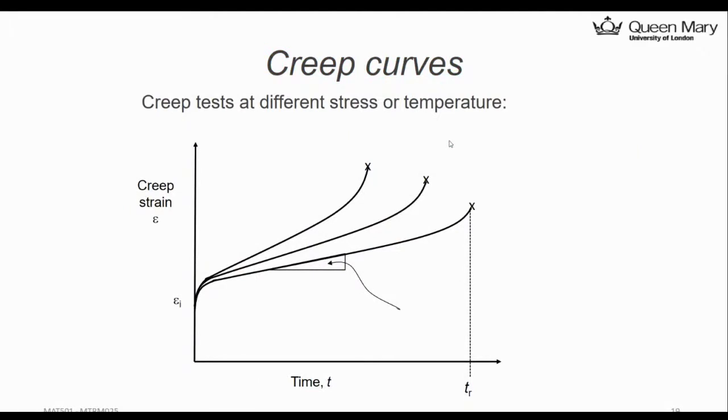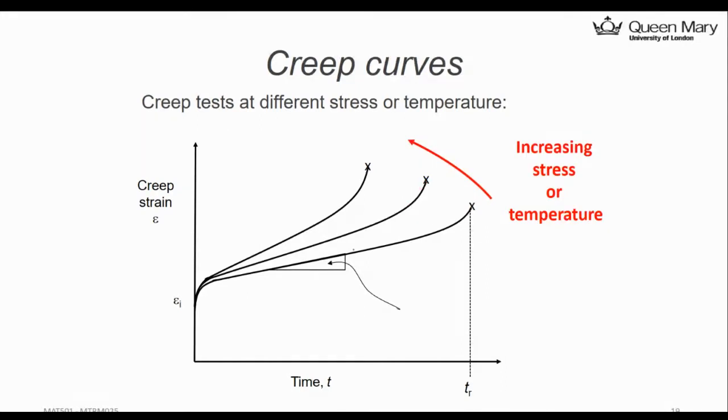Okay, so what happens if we do creep tests at different stress or temperature? So for instance, you increase the stress or temperature in this curve, you can see, for example, increasing the stress basically means the material is under very high load and it will fail much earlier than it should.